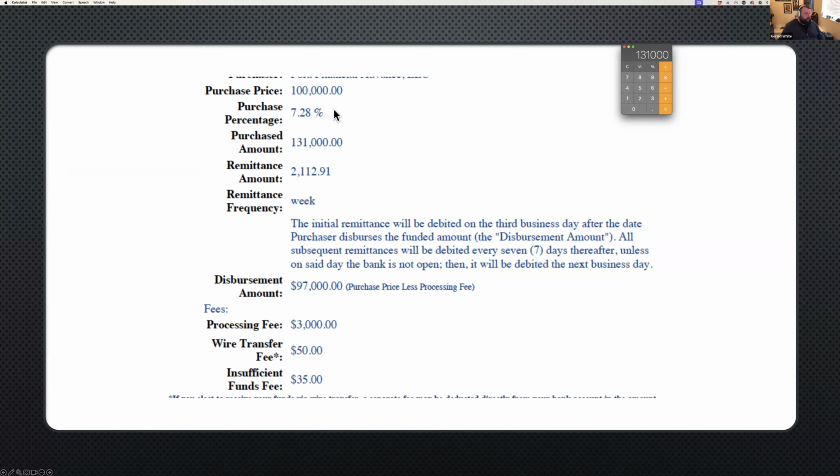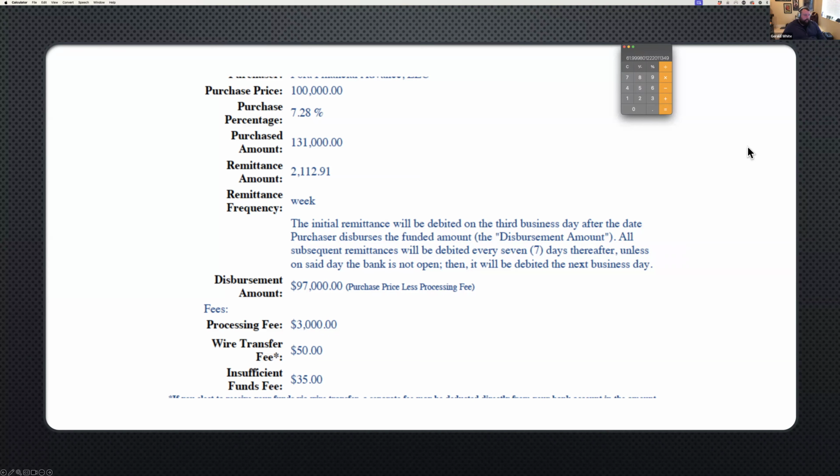Now, we're going to try to figure out how long it is going to take this merchant to pay back this advance. So if you divide by the weekly amount, $2,112.91, right? That's going to be 61.99, so basically almost 62 weeks.